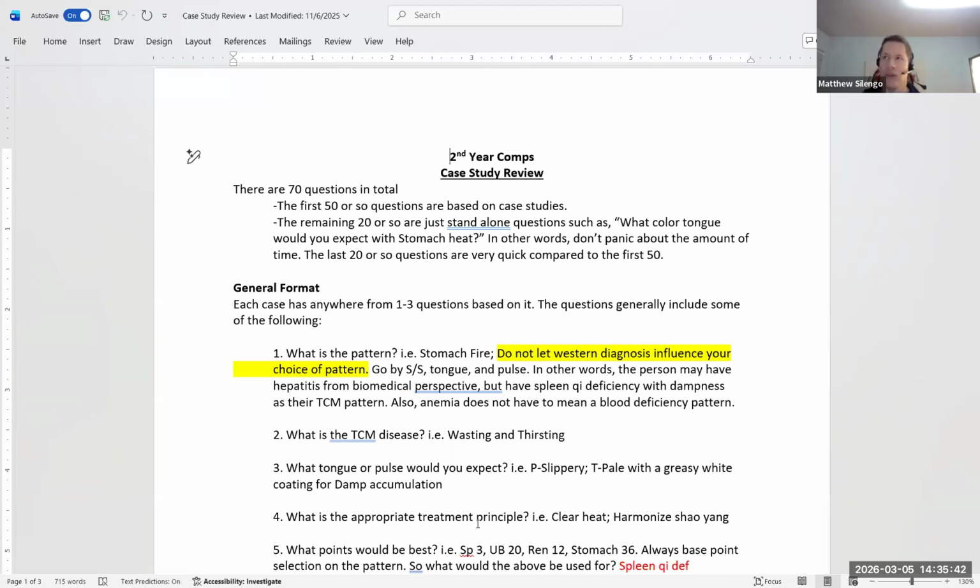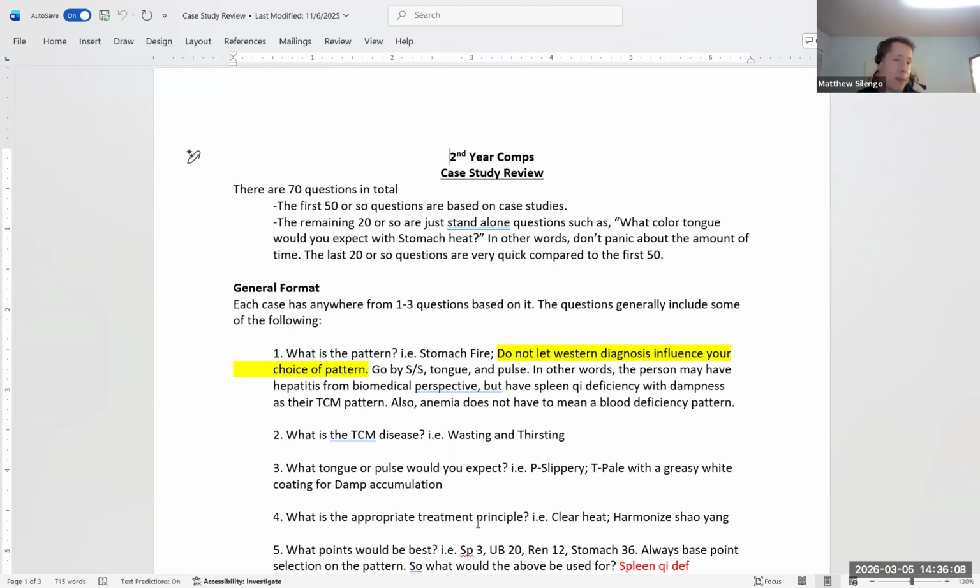A huge majority of people pass the Chinese medicine theory section for second year ends. It's not unusual for every single person to pass, and if some people don't pass, that's maybe 2 or 3 people out of like 80. So most people will do fine as long as you review those key foundational details.